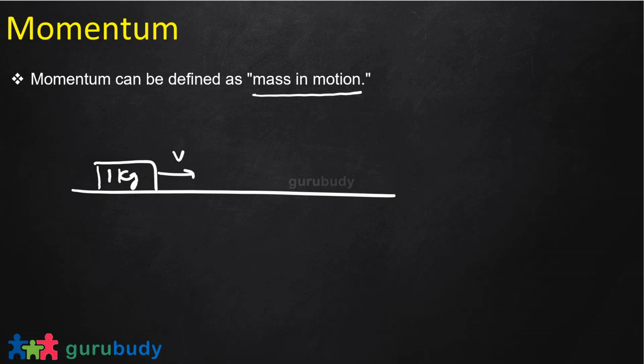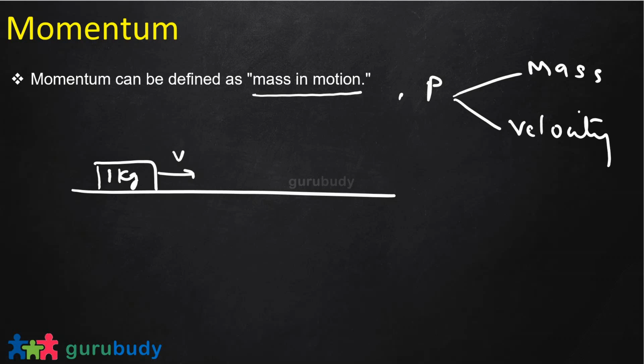Momentum is typically denoted by the letter P. It depends upon mass, and second, it depends upon velocity. So mass in motion, right? The mass is here, and motion is velocity here. So momentum is a function of two variables, mass and velocity.